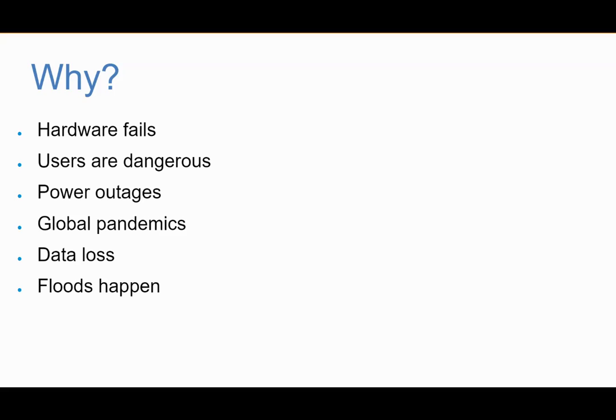We've just come out of probably the biggest disaster, certainly in my lifetime, the COVID-19 pandemic, where businesses had to change from office-based to home-based, and how businesses coped with that was different all over the world. Data loss is quite common, and things like fires and floods can happen as well in businesses.